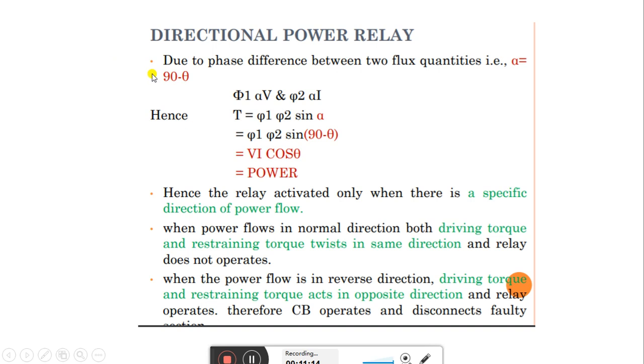We know that the potential transformer is supplying a voltage to the potential coil, which produces a flux Phi1.